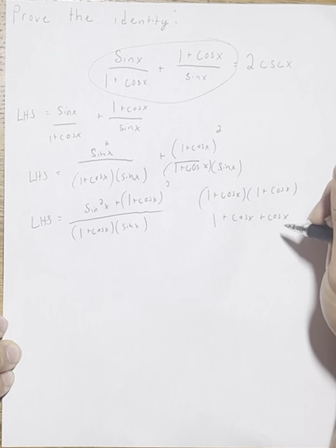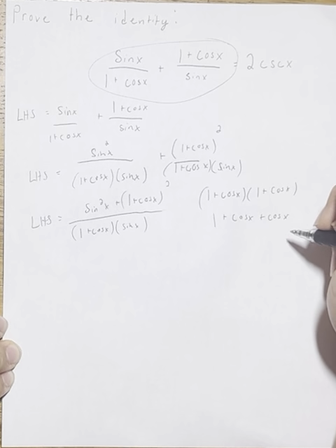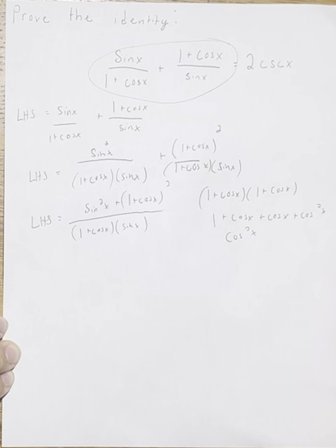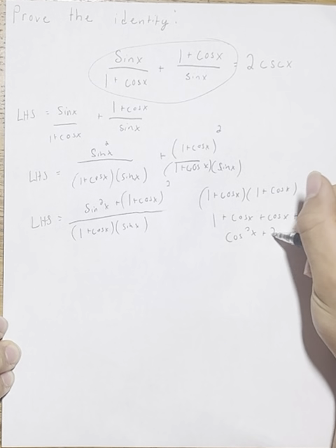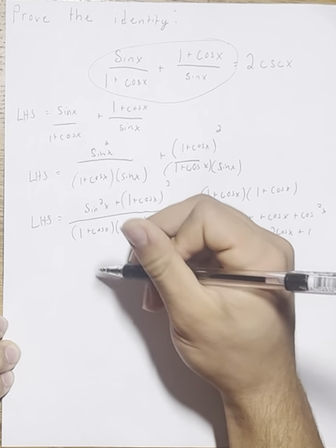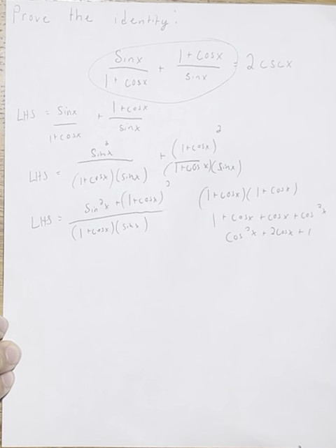And then cosine x times cosine x is cosine squared x. So we get cosine squared x plus 2 cosine x plus 1. So I'd write that instead of 1 plus cosine x squared.